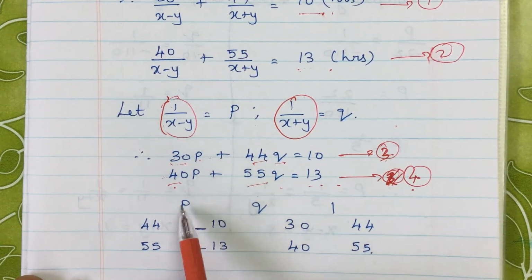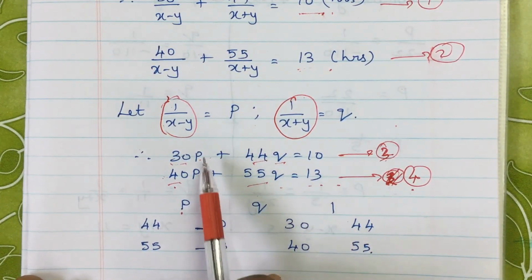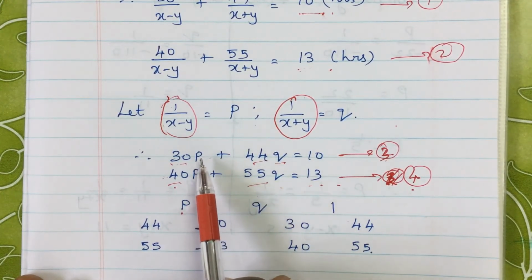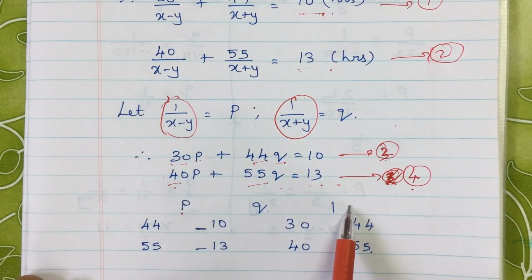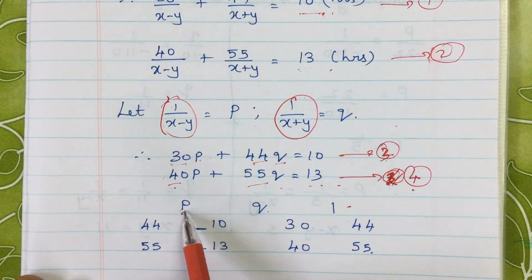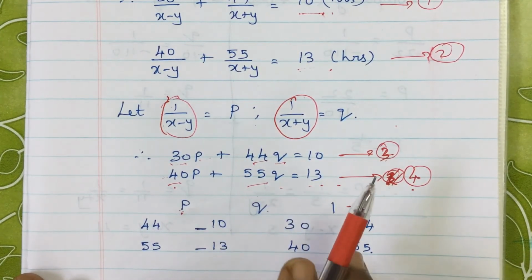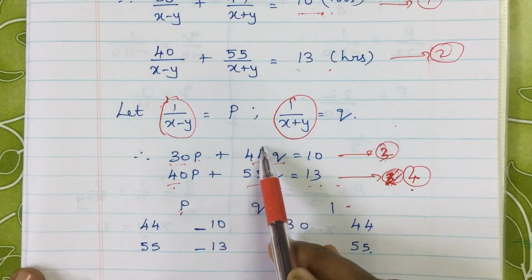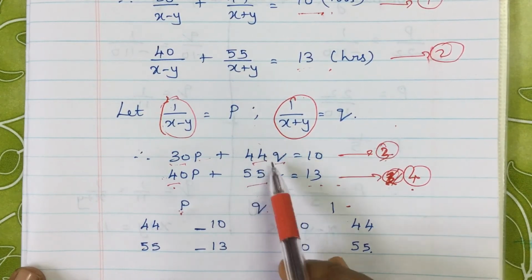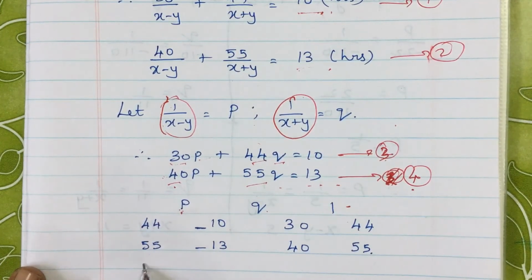So first you have to write the variables on the top. Here the variables are not x and y, instead it is p, q and then 1. So you write p, q and then write 1 here. Then you just think what you have done in the case when the variables are x and y. You started with the y variable. Here I am going to start with this q. So 44 and 55, I am writing 44, 55 here.